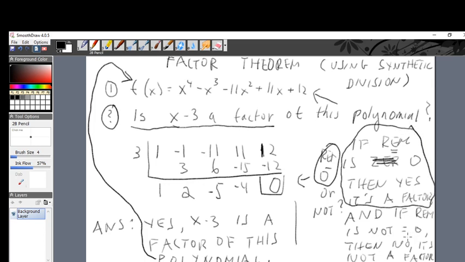If the remainder is not 0, if it had been a negative 1 or a negative 2 or a 1 or a 2, anything but 0, then it is not a factor. But ours was a 0, and therefore the answer was yes.